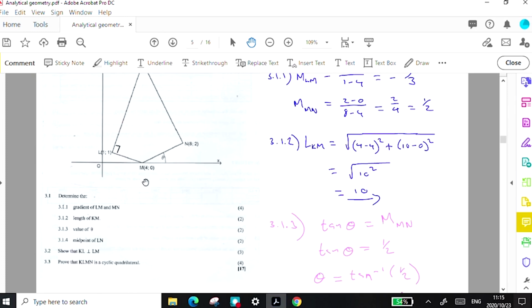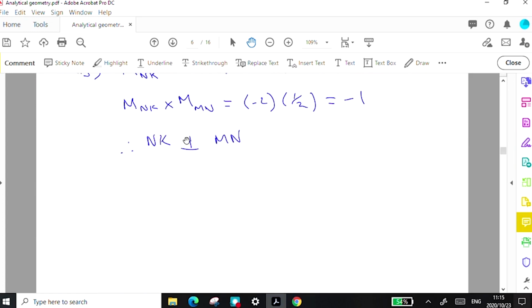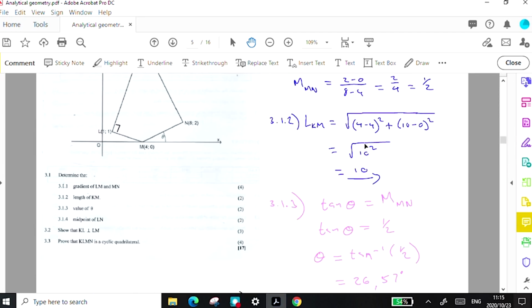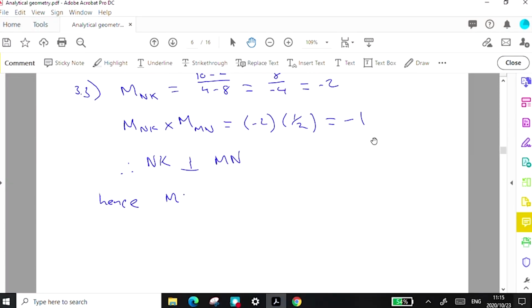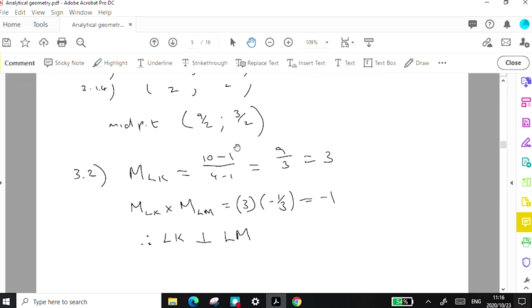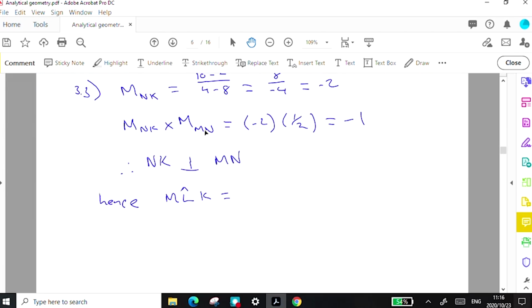Hence, the angle MLK is equal to MNK, which is equal to 90 degrees.